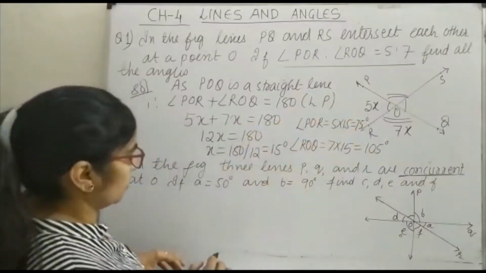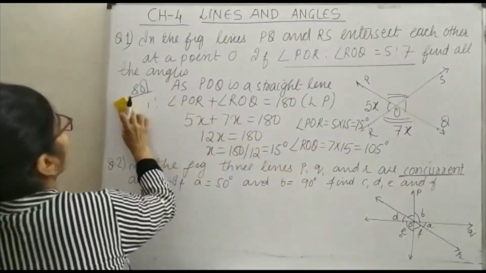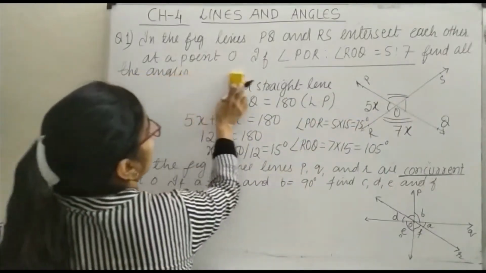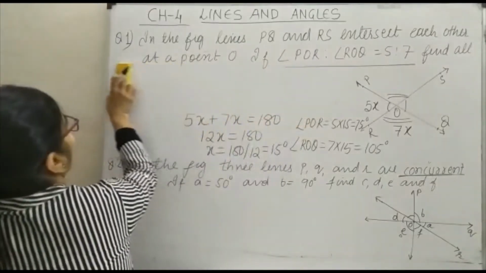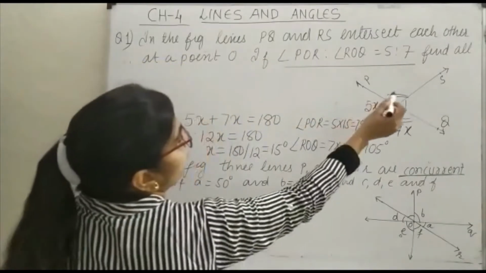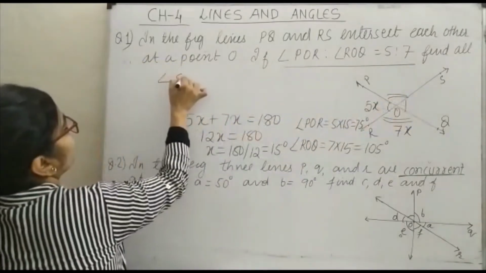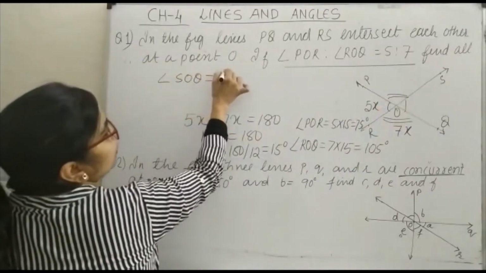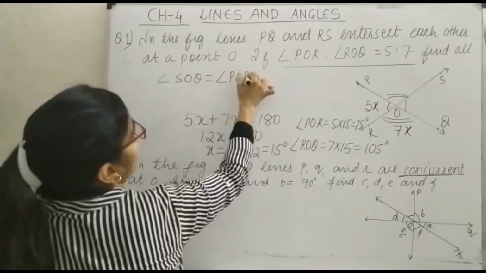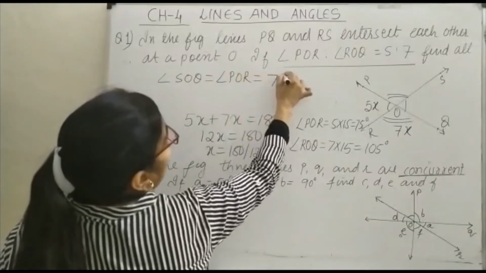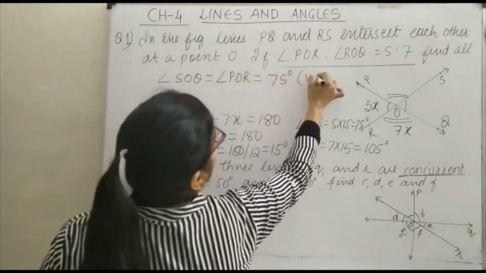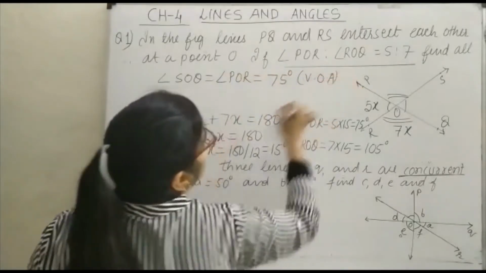all the angles now. In this case, you can see here angle SOQ is equal to angle POR is equal to 75 degrees. This is vertically opposite angle, right?